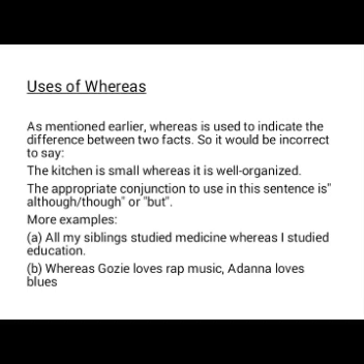Again, notice that the conjunction whereas appears in the middle of the sentence and also again at the beginning of a sentence. So this shows that whereas can be used in the middle of the sentence, or it can be used at the beginning of the sentence and it will be grammatically accurate. However, whereas cannot be used at the end of a sentence.